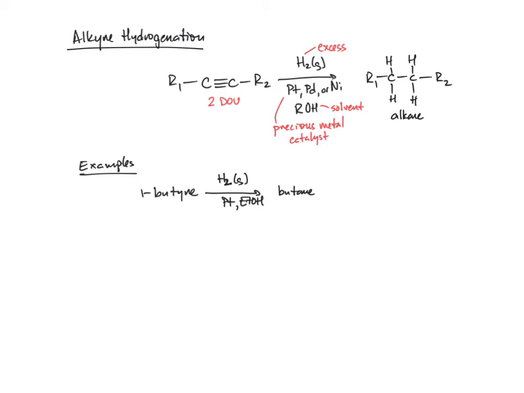So an alternative set of conditions that's hydrogenation, but does not reduce fully down to the alkane, but reduces to the alkene, uses a different type of catalyst. So let's look at an example of that. We're going to start with 2-hexyne.